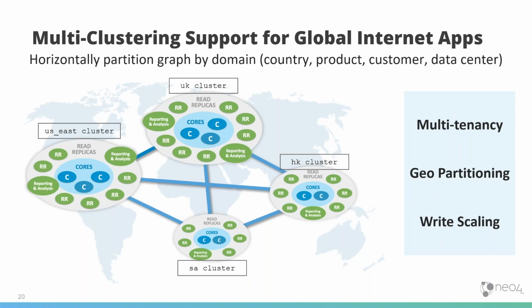So this helps support multi-tenant environments. Organizations who want to build a secure, dependable cluster for a particular customer or a particular tenant in your environment can now do that. It supports geo-partitioning, so if you have to partition your data based on the location of residency, where the data is residing, we can do that now using this multi-clustering capability.